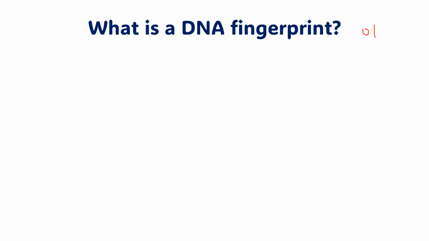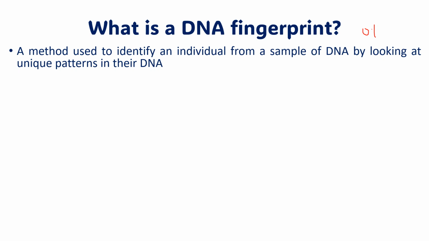This 0.1% DNA is what we used to call junk DNA, but exactly it is non-coding DNA. By DNA fingerprinting, we evaluate this 0.1% of the DNA. It is a method used to identify an individual from a single sample of DNA by looking at the unique pattern in their DNA.